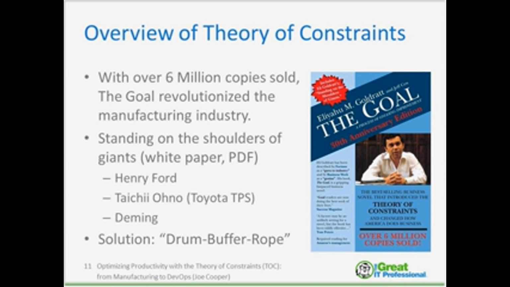What Dr. Goldratt describes in this white paper called Standing on the Shoulders of Giants, he begins by describing how Henry Ford really revolutionized the manufacturing processes back in his time. And then later, Taiichi Ohno with Toyota, really the developer of the Toyota production system, stood on the shoulders of Henry Ford.